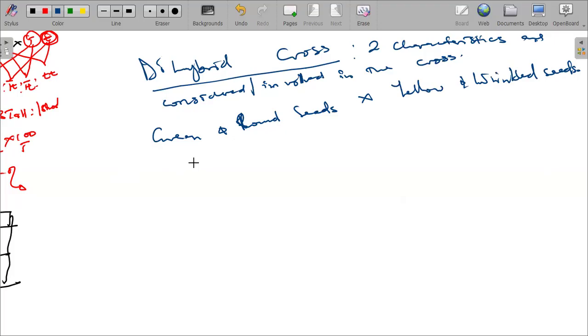Green is represented by dominant capital letter Y, and round is represented by R. This is a purebred, and it's crossed with yellow and wrinkled. Yellow is represented by recessive y, and wrinkled is represented by recessive r.